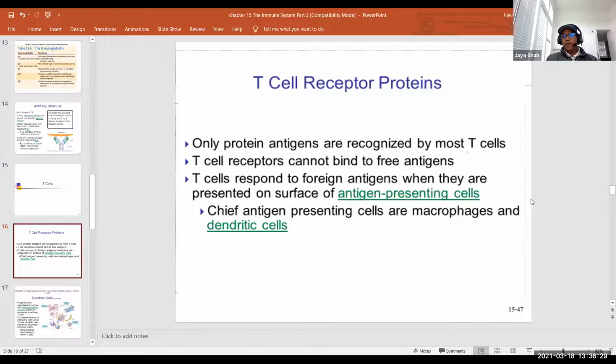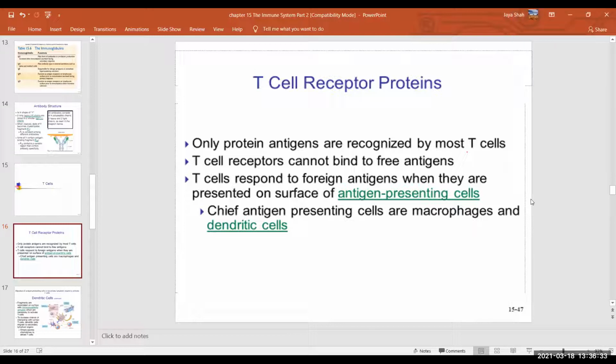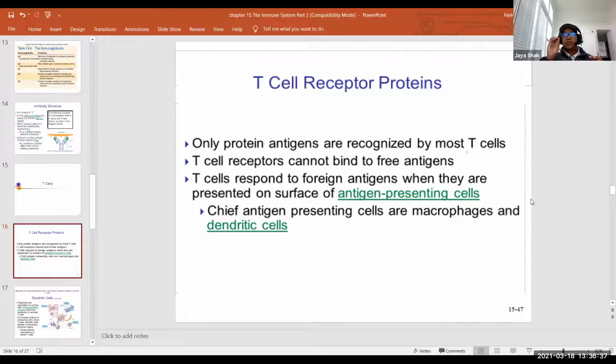Are you following me? So here, the take home message is T cells cannot recognize antigens freely present in the plasma or body. Some cells must present that antigen to the T cell. So how do they present? Let's see.